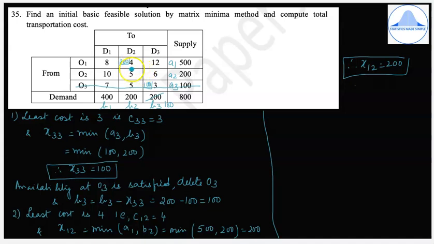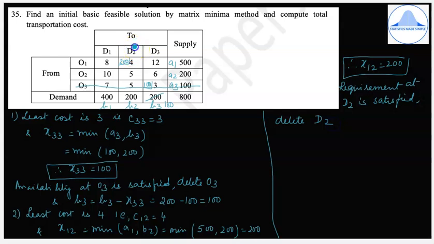Now you observe that this 200 matches with the requirement at D2. So I'll write the requirement at D2 is satisfied. So you have to delete D2.